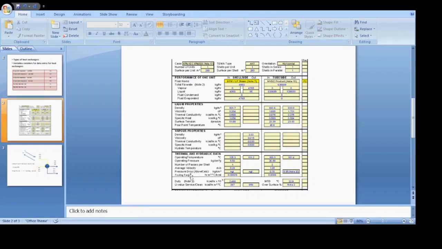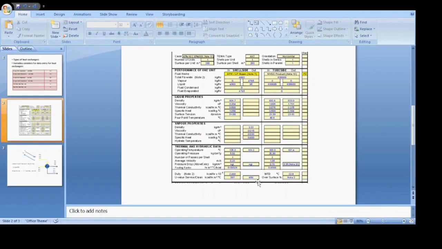Then the pressure drop across the shell side and tube side is also important. Generally, when we are considering the design case, we have to consider the allowable pressure drop, and here this U factor is important while considering the simulation.